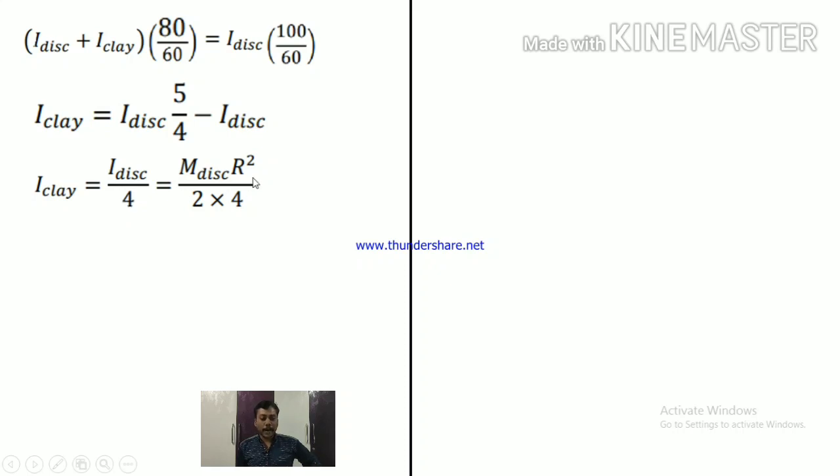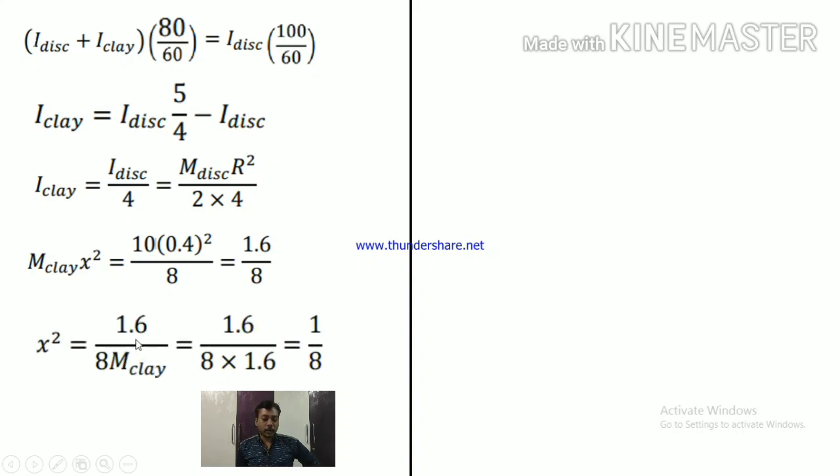M disc into r square upon 2, since moment of inertia of disc is mr square upon 2, and 4 is as it is. Now here moment of inertia of clay is mr square. Here r is x. So mass of clay into x square is equal to mass of disc, which is 10, into r, 0.4, square upon 8.